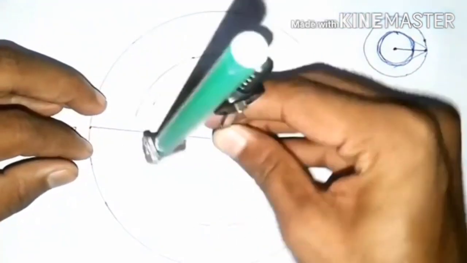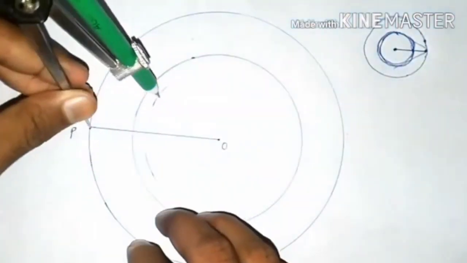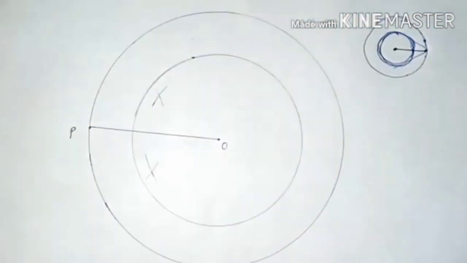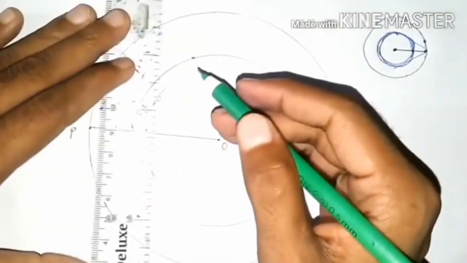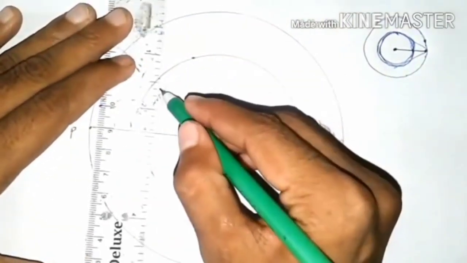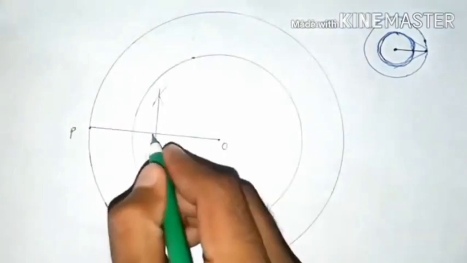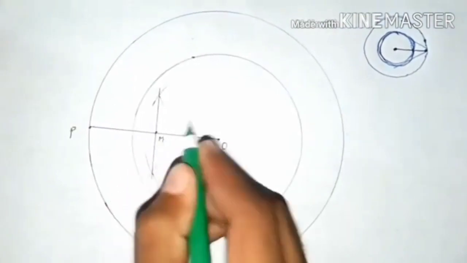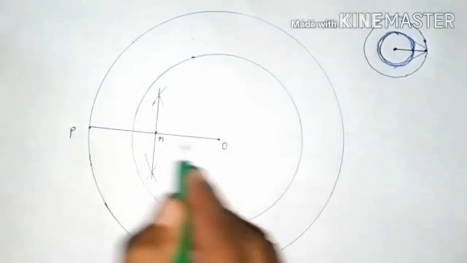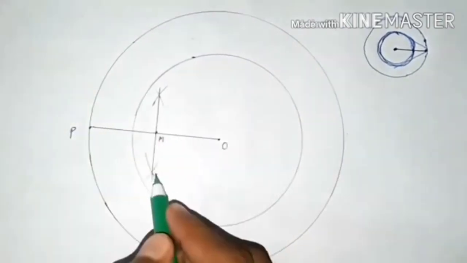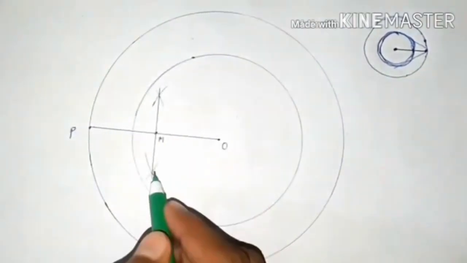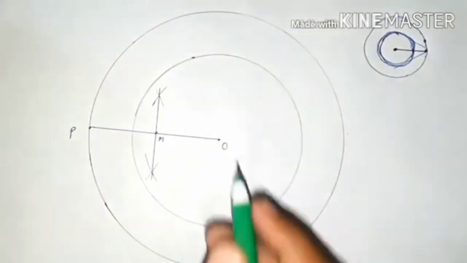With O as center, draw arcs up and down of the line segment OP, and using the same radius with P as center, cut those arcs and join the point of intersection of two arcs and mark the midpoint as M. So we have got M as midpoint and the perpendicular bisector also we have got.